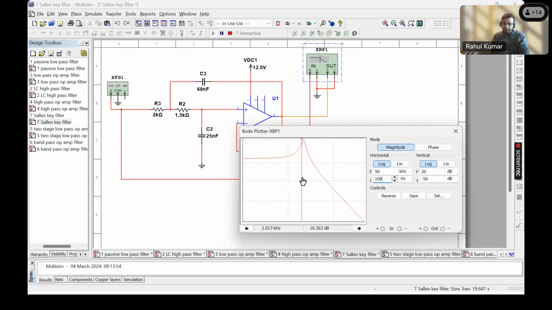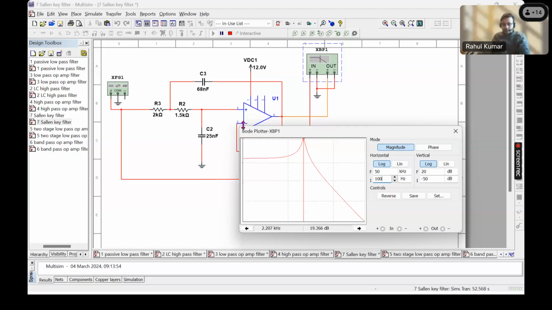So whether we like it or not, we'll always get it for higher order filter circuits, right? Now this is a second order filter. So the slope should be double that of the first order. That is, it should be around 40 dB per decade or 12 dB per octave.